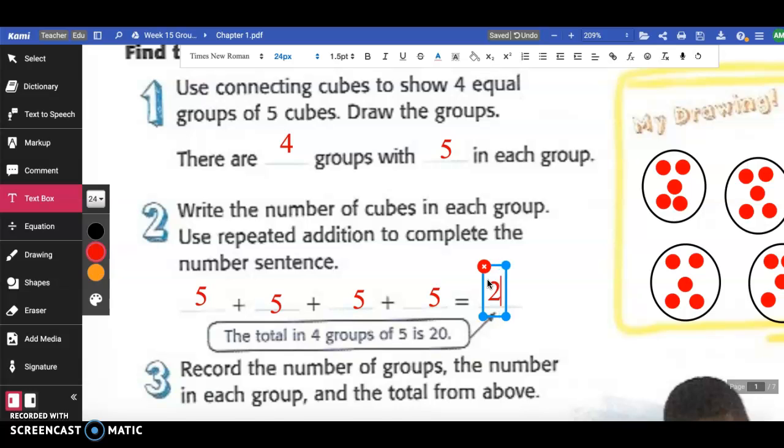So that would give you a total of 20. It's the same thing as skip counting with repeated addition. So there's 5, 10, 15, 20. The total in 4 groups of 5 is in fact 20.